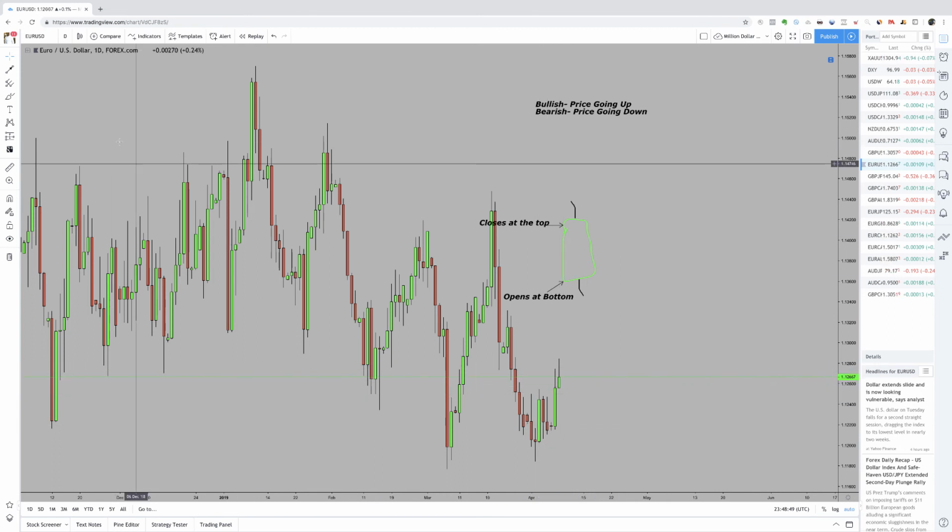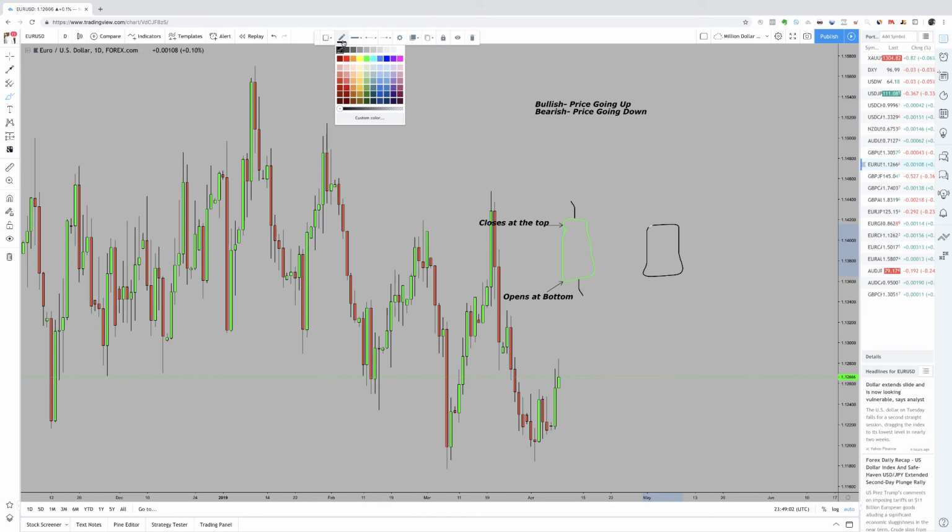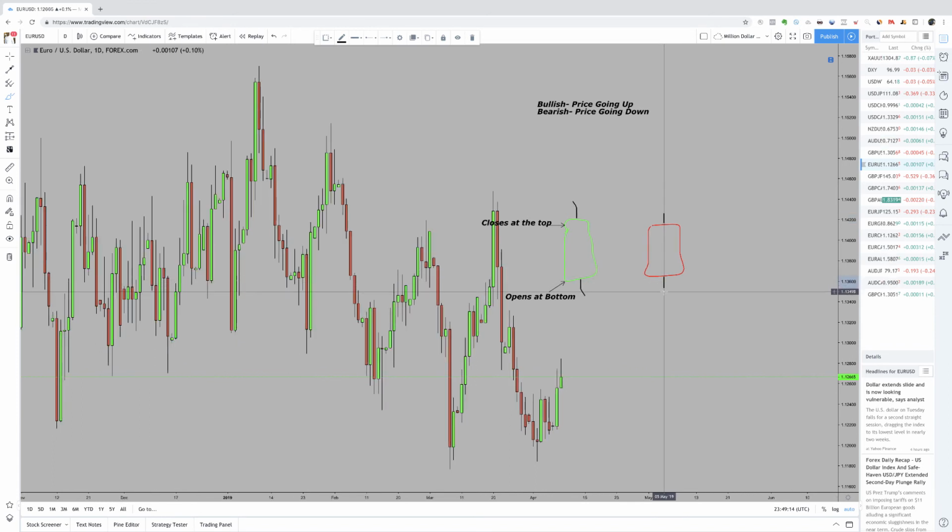A bearish candlestick, let's draw a bearish candlestick. You can see the drawing's not that great. Bearish candlestick, we're going to make it red. Draw us some wicks as well. Boom.